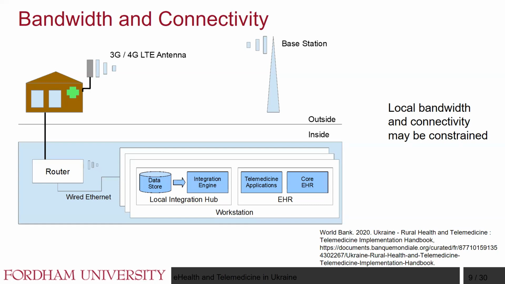But even with antenna and mobile phone data link, the bandwidth was a bit restricted, to say the least. So we recommended running virtual desktop infrastructure inside the Feldsher stations. So that was the minimum bandwidth to run anything.